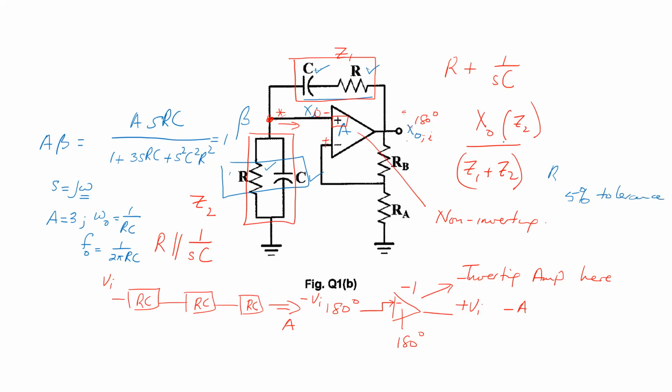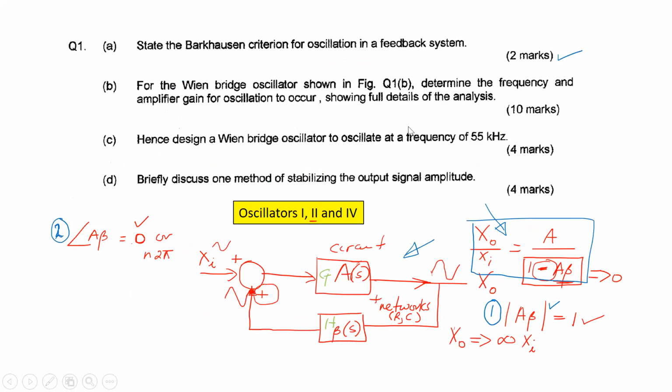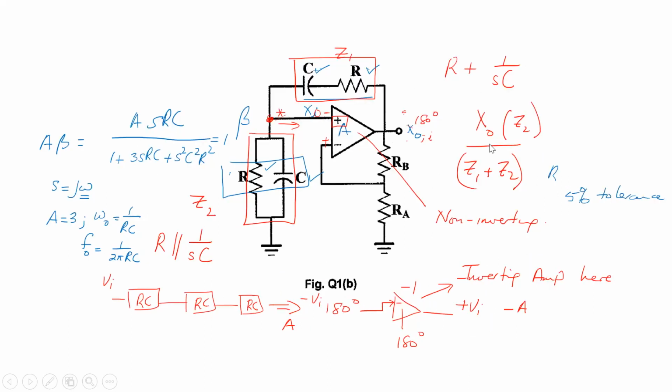So if you design something for a network like this, once you have that, you want to oscillate at 55 kilohertz. That's what the question is asking for. You pick a value of the capacitor, let's say 1 microfarad. And then you substitute inside of here to get what R is, whatever that turns out to be.